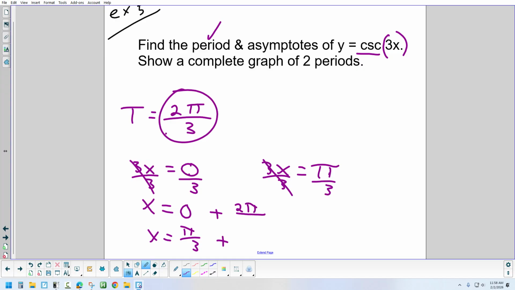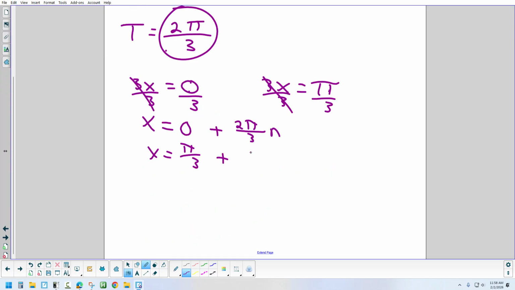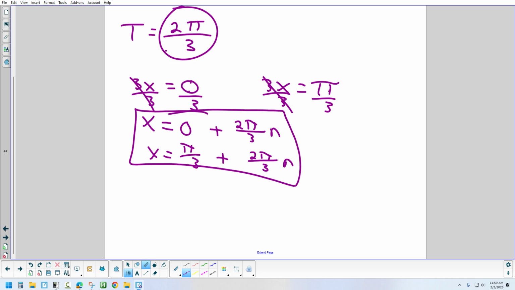So, period times n. And technically, you don't need this 0 here, because adding 0 doesn't change anything. So if you just wrote 2 pi over 3n, and pi over 3 plus 2 pi over 3n, that would be correct. If you put the plus 0, it's also correct. It's just not needed.